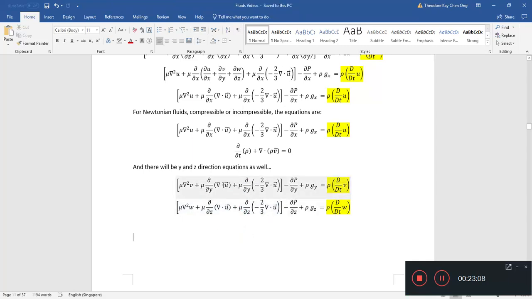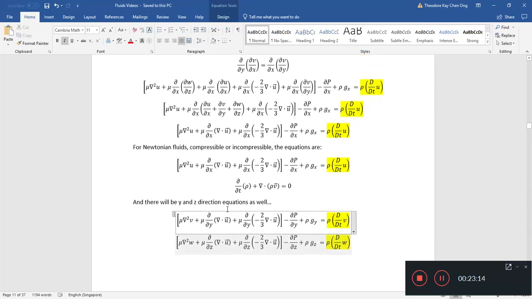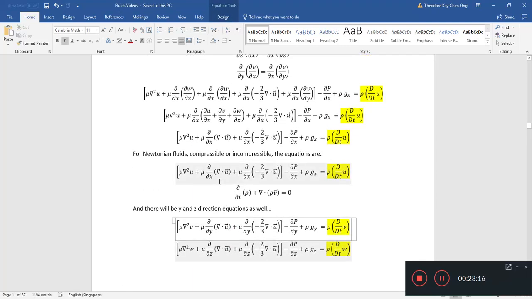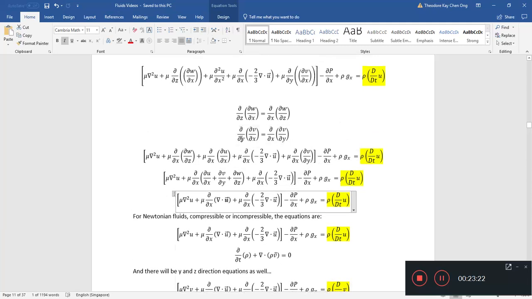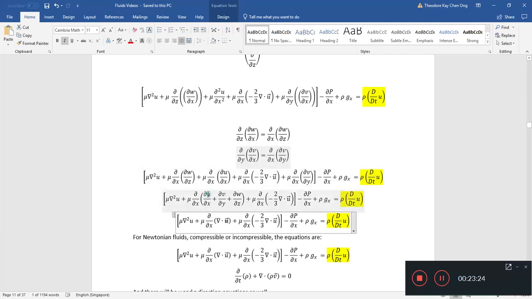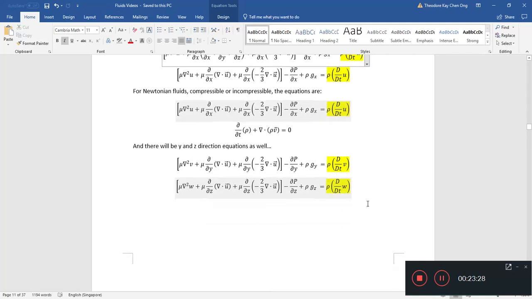And why am I not changing this divergence of u? Well, because this thing actually represents, you see, where did it come from? u, v, and w. So it's kind of universal.